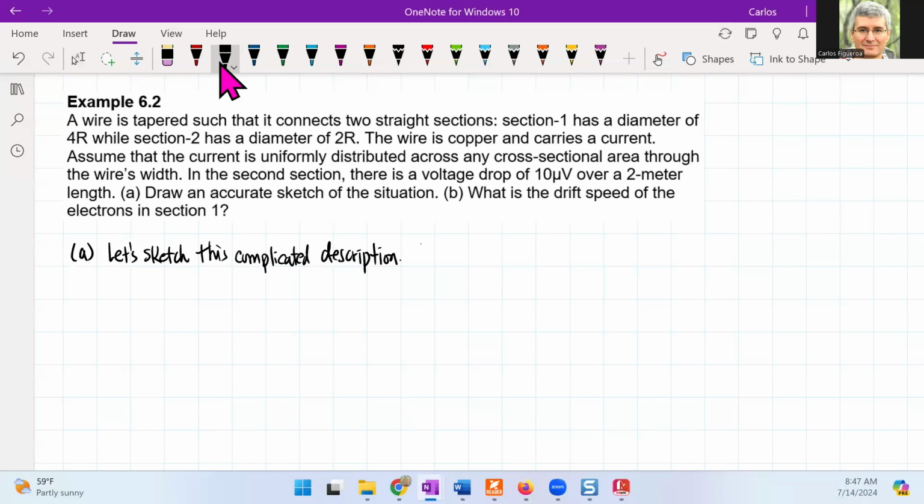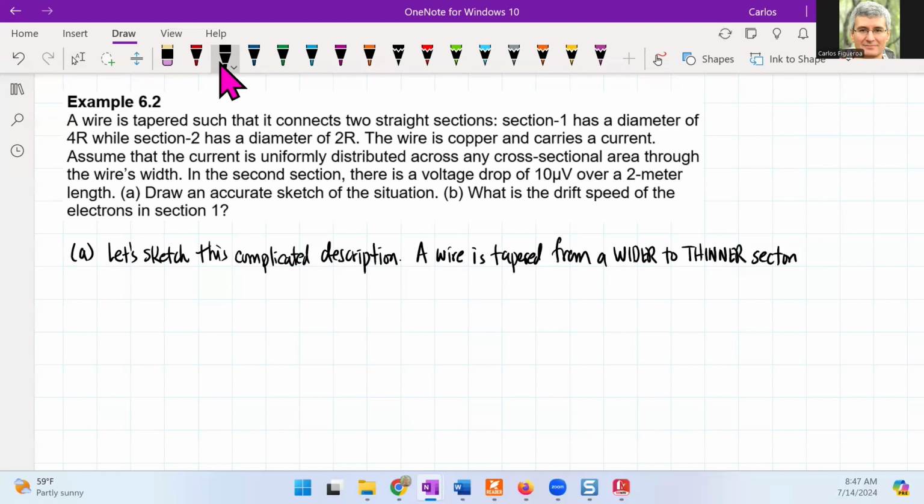So we know that a wire is tapered from a wider to a thinner section.